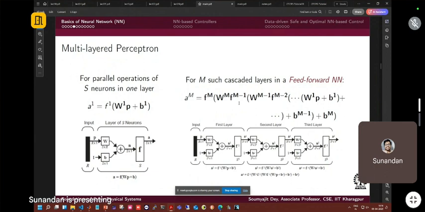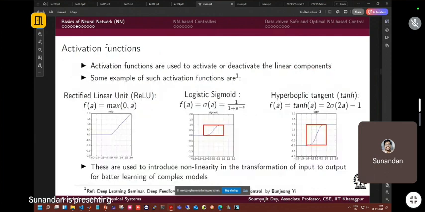Next, a brief idea about how activation functions work. They are used to introduce non-linearities, activating or deactivating the linear components. These are a few examples of activation functions.